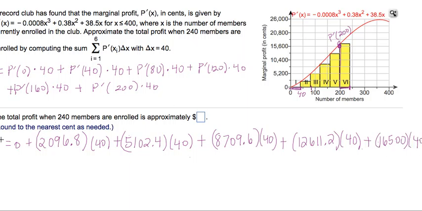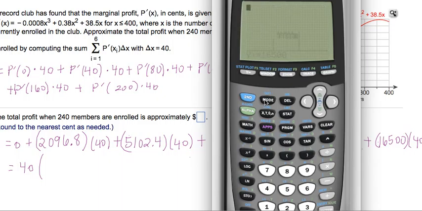Okay, and to make this a little bit easier, what you can do is factor the 40 out, and then add up the other 5 numbers. So it just makes it easier to type in at this point.